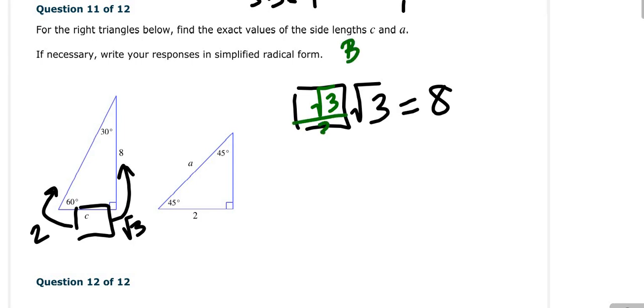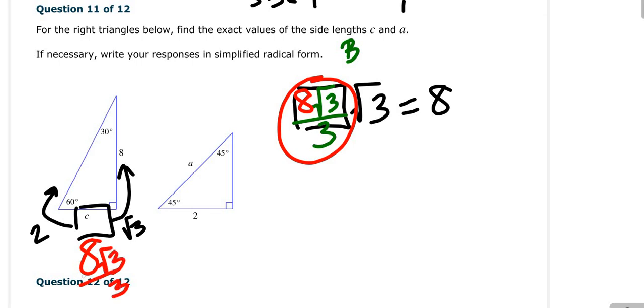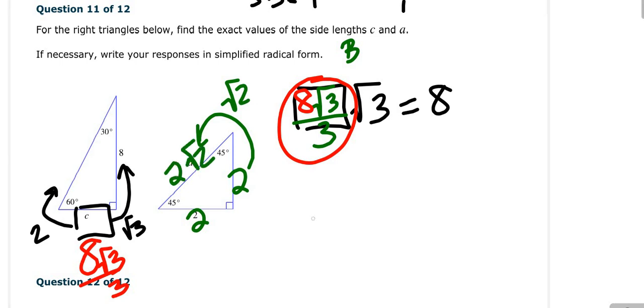You need to divide by 3 to get down to 1. So the complete answer here is 8 √3 over 3. This one, 45, 45, 90, leg, leg, leg √2. So this would be 2 √2.